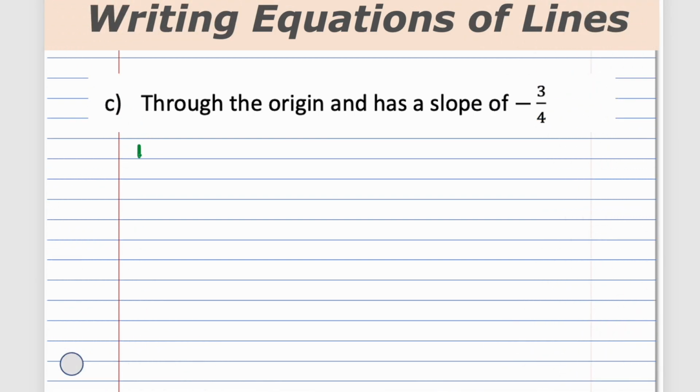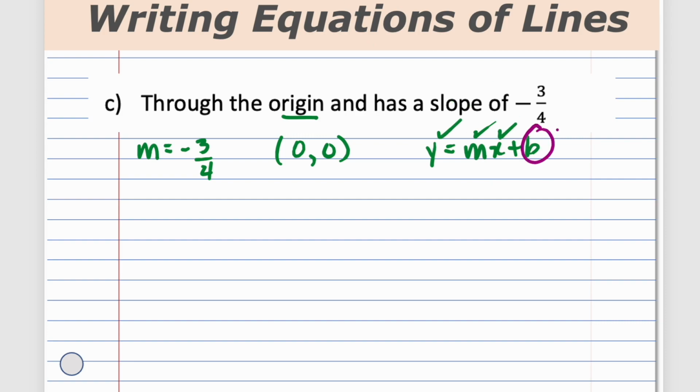Last one, we're given slope is -3/4, and the point is 0, 0 for the origin. y is equal to mx plus b. We have the slope, and we have a point. We can find b. 0 is equal to -3/4 times x, which is 0, and plus b.